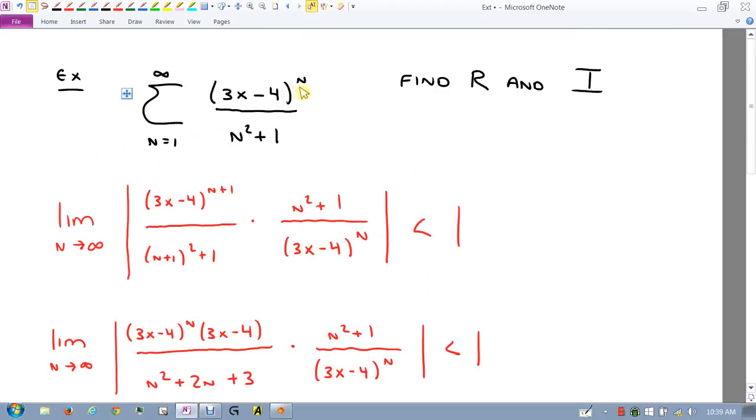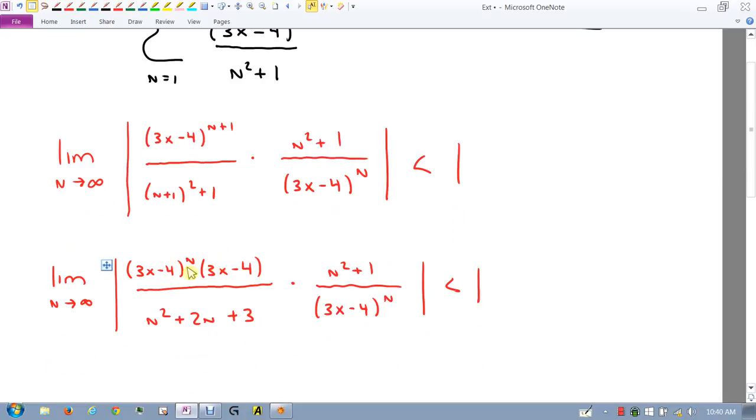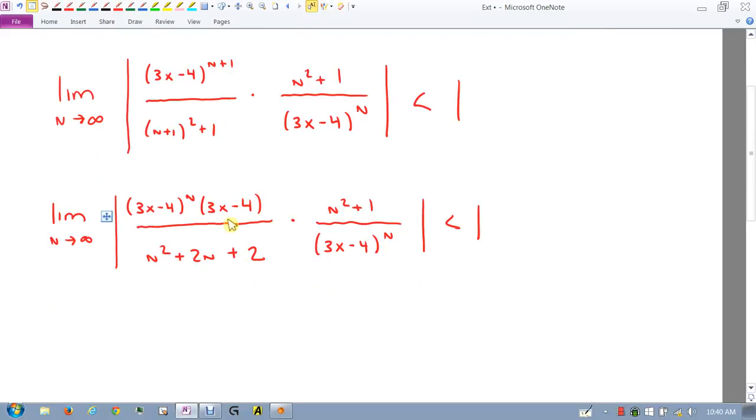You replace your n with n plus 1 here. Then you just rewrite this flipped over here. Rewrite 3x minus 4 to the n plus 1, splitting it up. Expand this out. N plus 1 squared is n squared plus 2n plus 1. Then add 1. Oh, that should be 2. Thank you. And then you should get your canceling here.